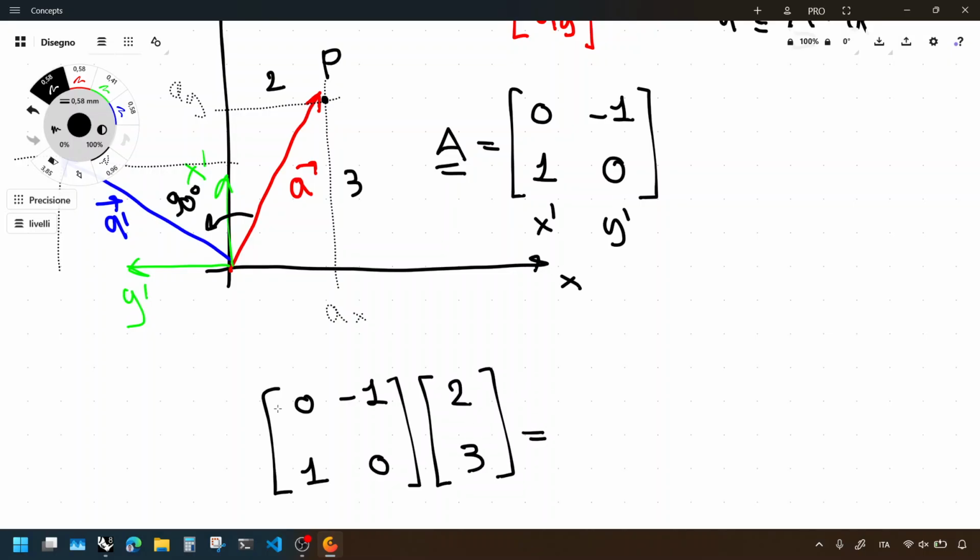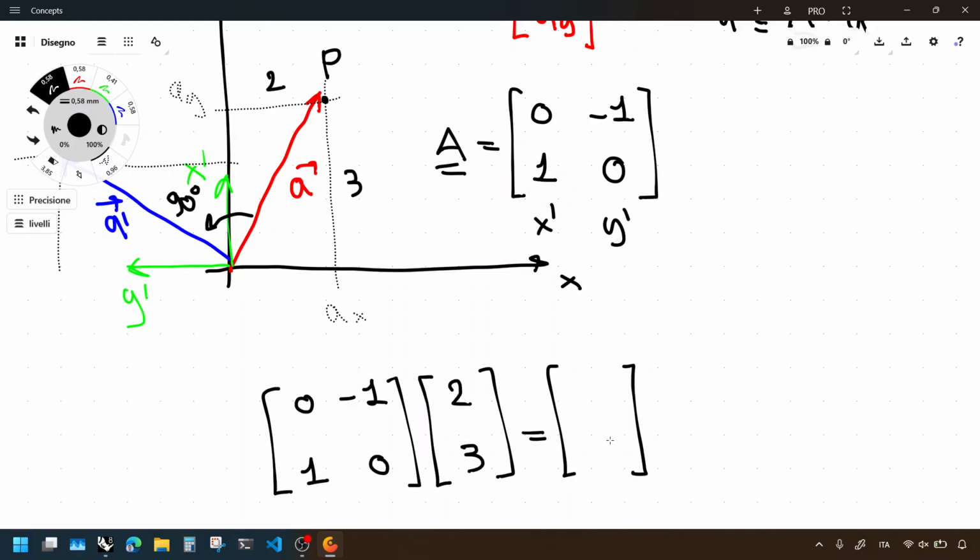So how do we go about doing this multiplication? We will get a vector out of it, the same shape as this one, a column vector. What we do is multiply the first row by the column, which gives the first row, and then the second row by the column, which gives the second row.